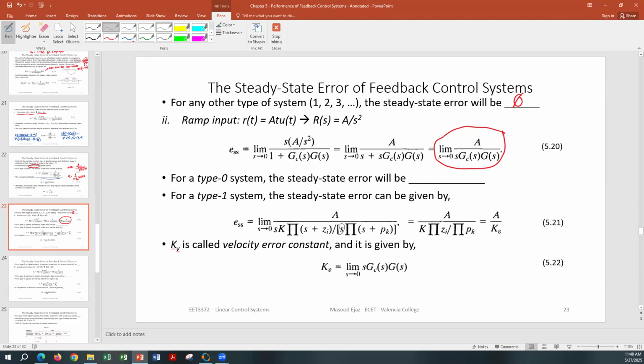What do you think it is going to be when you put s equal to 0? Infinity. So infinity means what? The difference between the steady state value of the input and output will just keep on increasing as time progresses. So for type 0 system with your ramp input, the steady state error is going to be infinity.